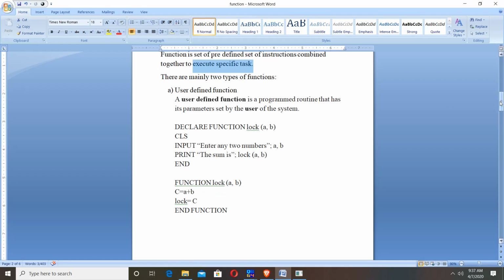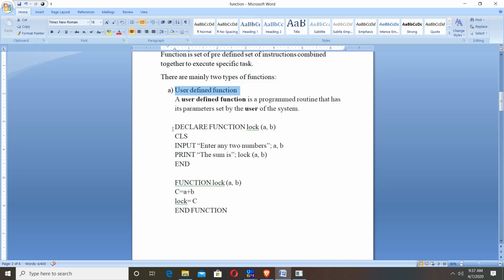That means the program is written by the user, all the parameters are set by the user, and it can be used by the user whenever he or she wants to write another program. Whatever syntax is written there is defined by the user. That's what a user defined function is.